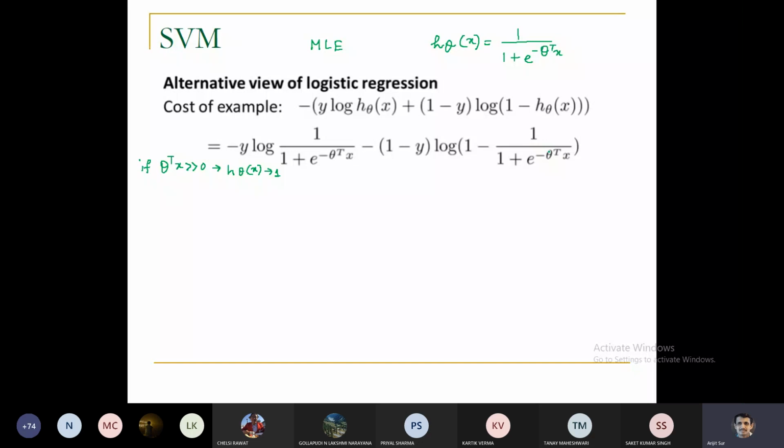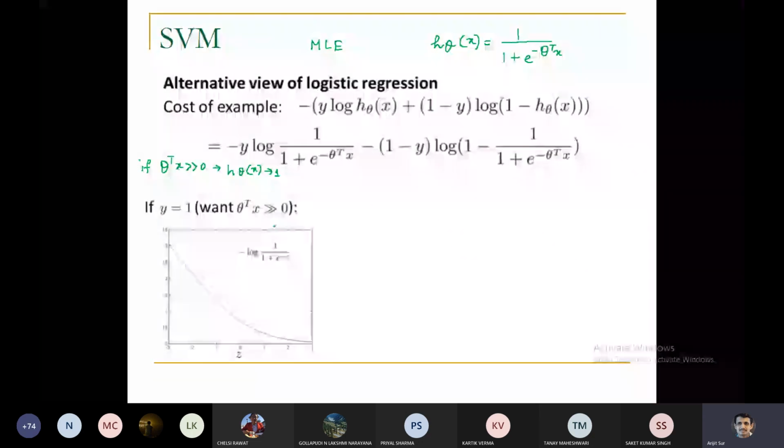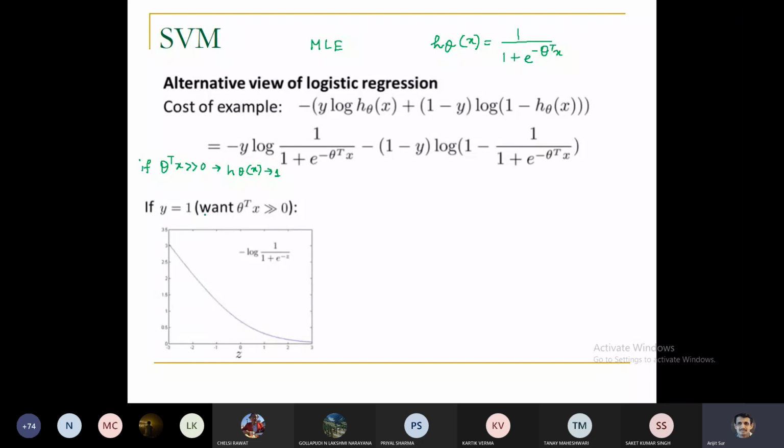Here also we are showing the same thing.